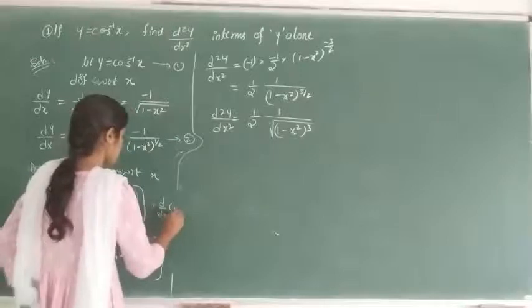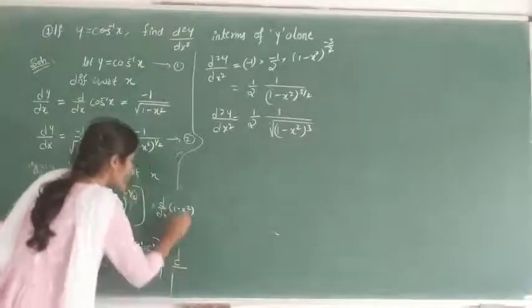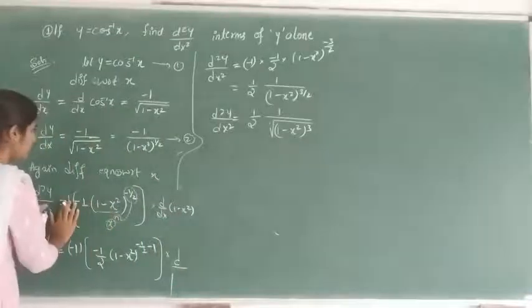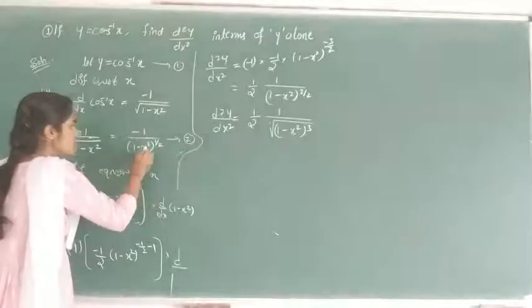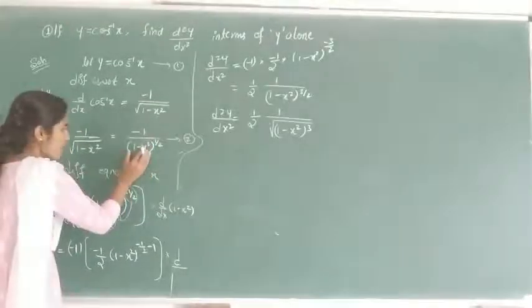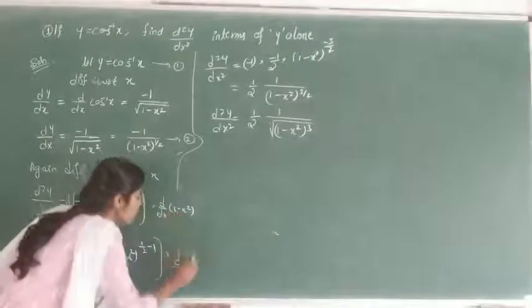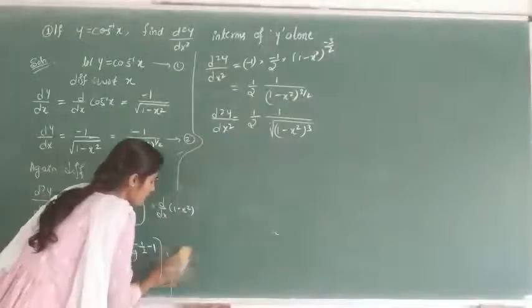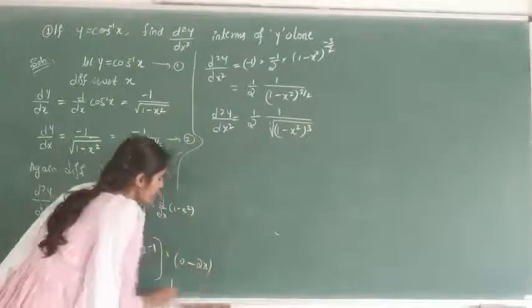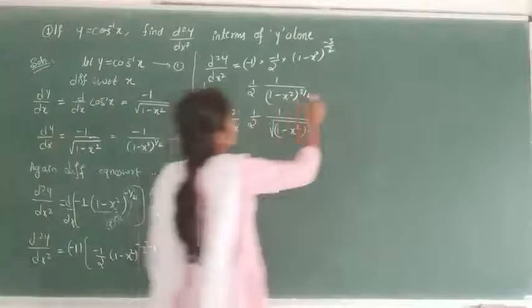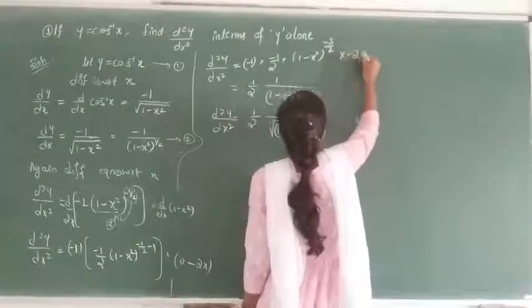Derivative of 1 is 0, minus derivative of x square, which is 2x. So 0 minus 2x is nothing but minus 2x.